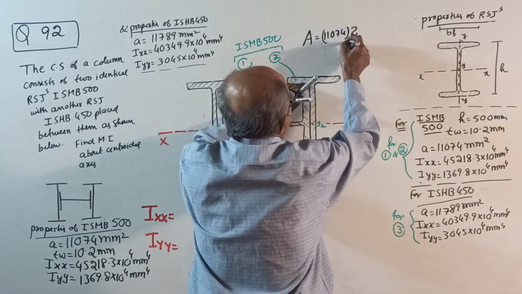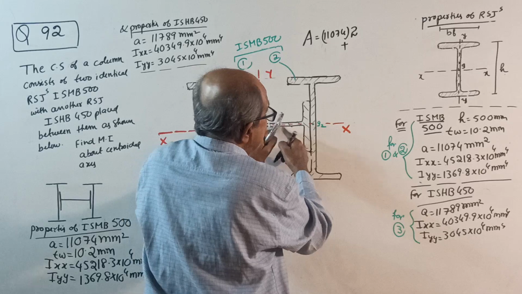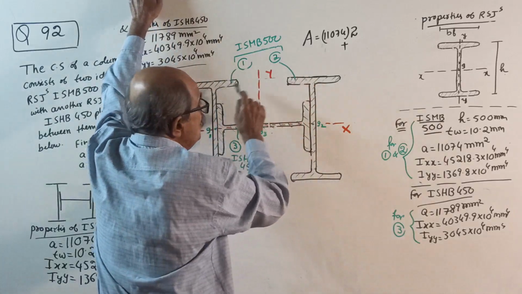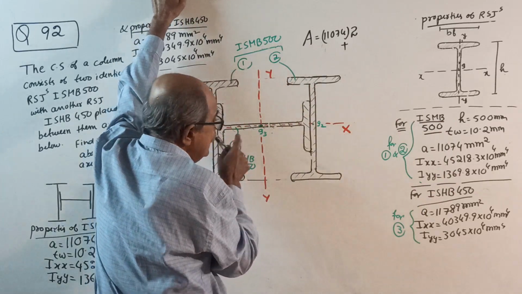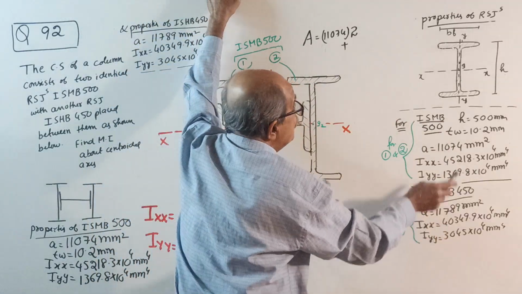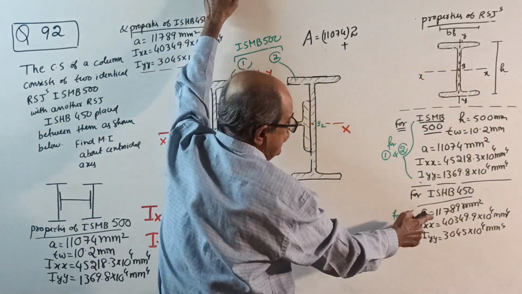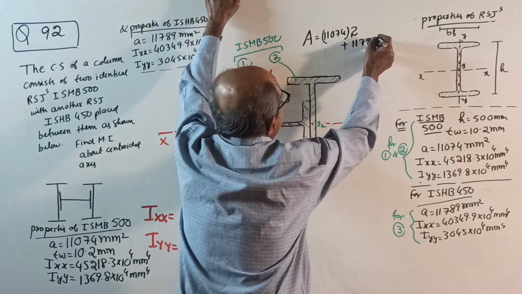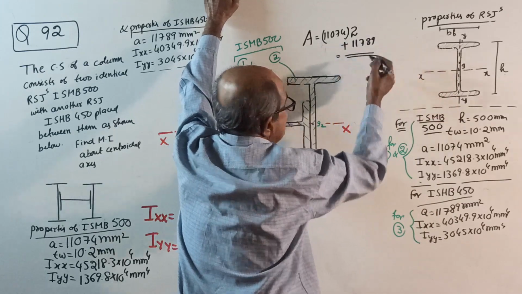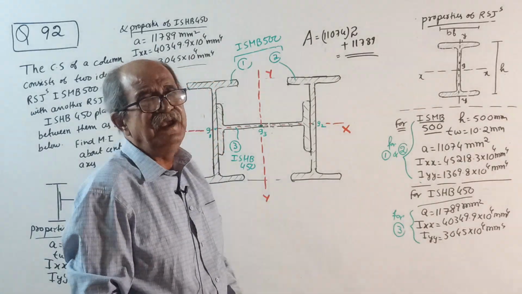Multiply by 2 plus this area. When you want 1 and 2, see the properties here. When you want 3, see the properties here. The sketch is the same. That area is how much? 11789. Get the area, directly answer. Why I find the area, it is required.